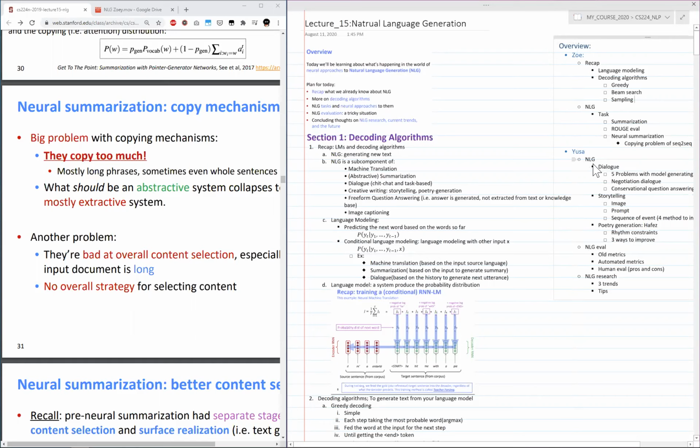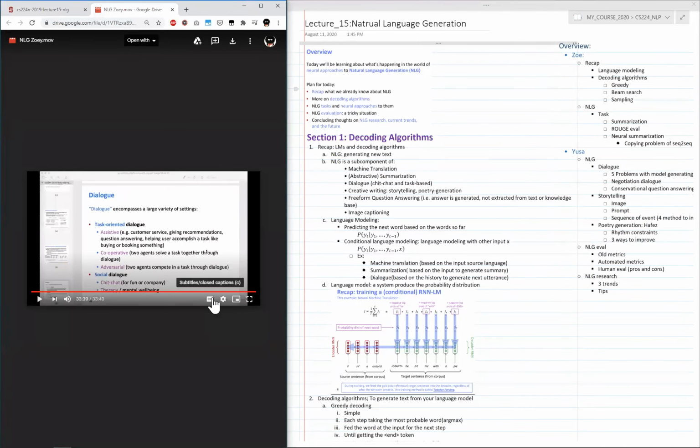And then I'm going to talk about the dialogue task, storytelling, and poetry generation, and have a little more discussion about the evaluation metrics and current research in neural language generation. Unfortunately, Zoe has made a video, so I'm going to present it to you first.